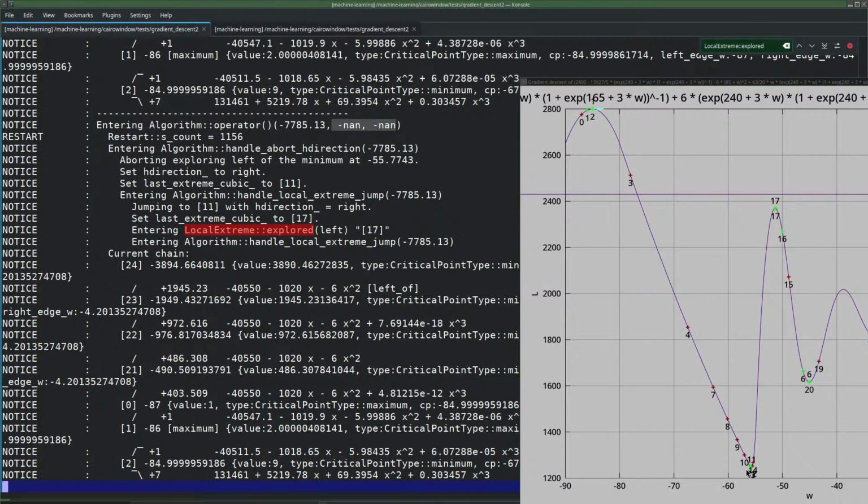Then it jumps back here, but this was not marked as already explored to the left. So we try it again, and again, and again. But then what is this? Oh, let's just do it again, right? We come here, and then we mark this one as explored to the left, because we rediscovered this thing or something.